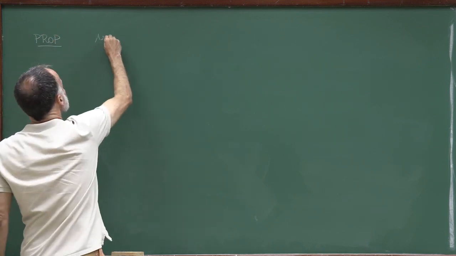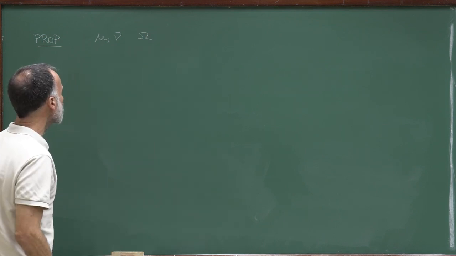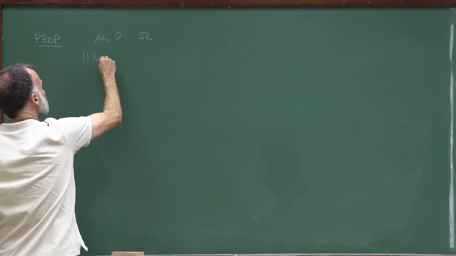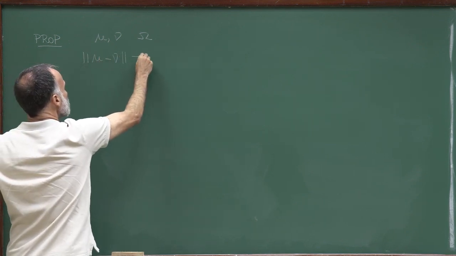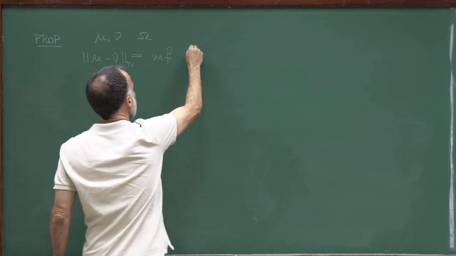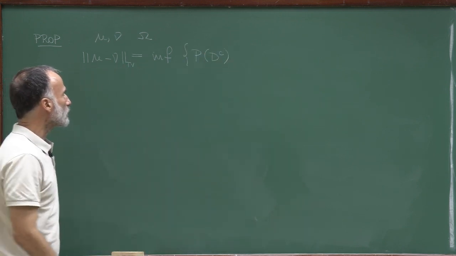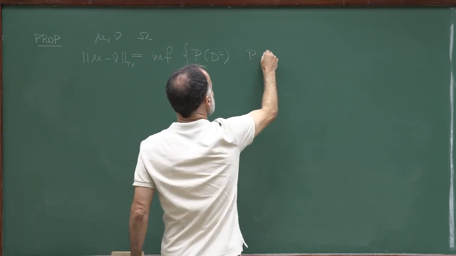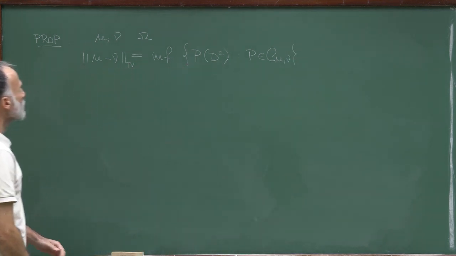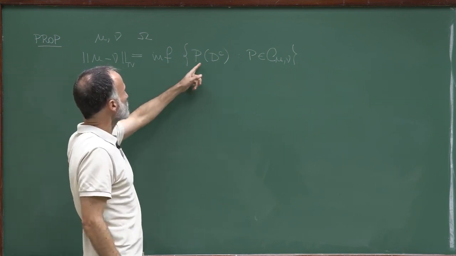Let me fix two probability measures, mu and nu, on a finite space omega. What I claim is that the total variation between mu and nu is equal to the infimum of the measure of the complement of the diagonal among all couplings between mu and nu.